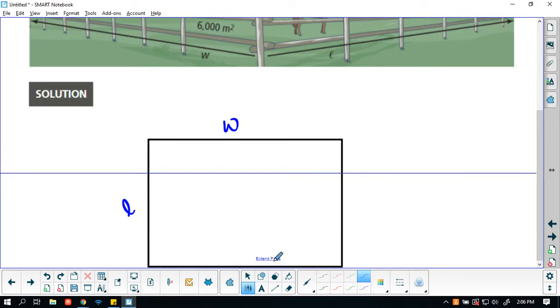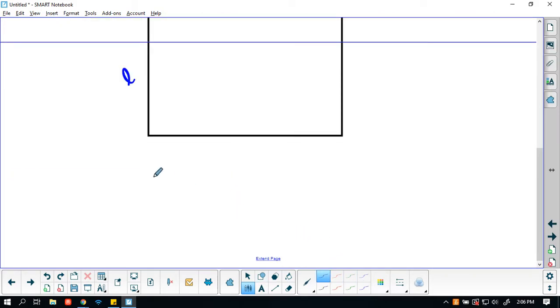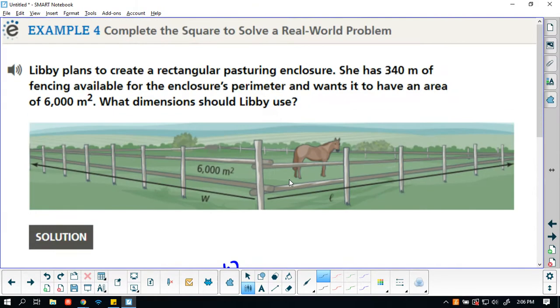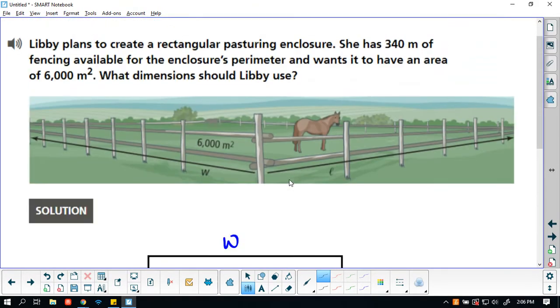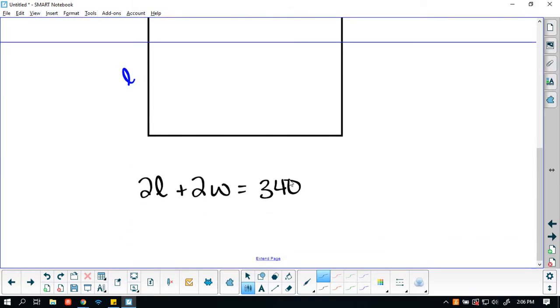And when I add them, when I do 2L plus 2W, we get 340. Correct? Yeah. And then when I multiply them, width times length, we get 6,000.